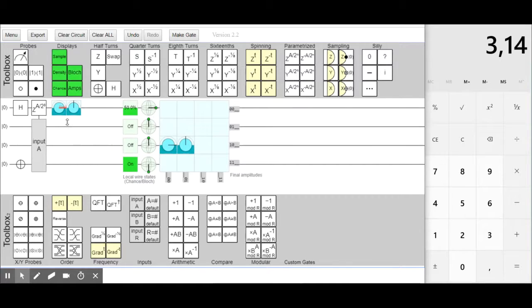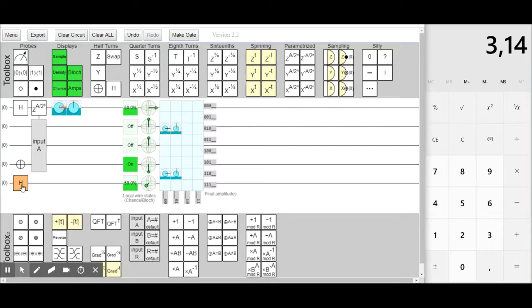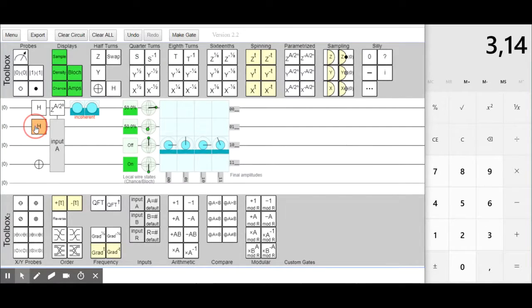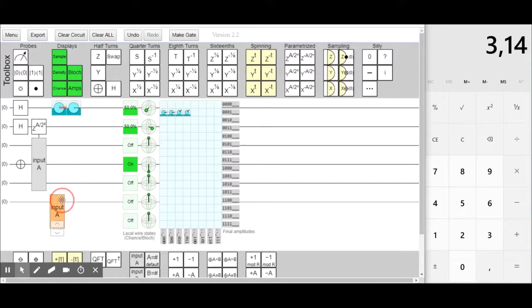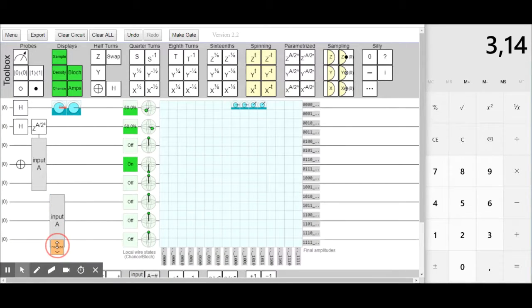Right? If I have another one, which I kind of move here, and this is here, and then I use another input A here, so there's a 3 more, right?